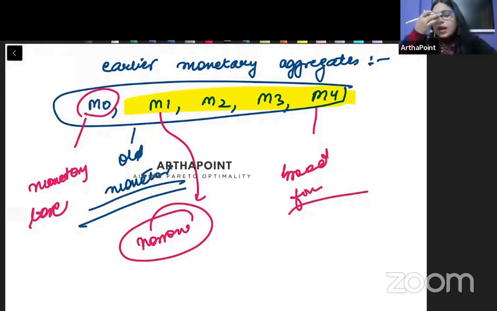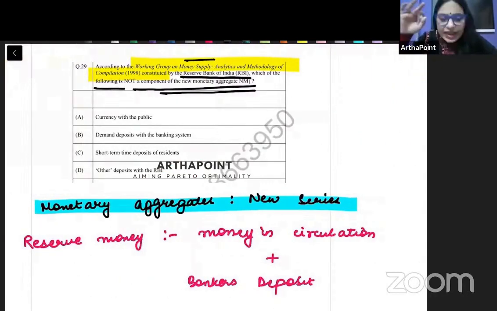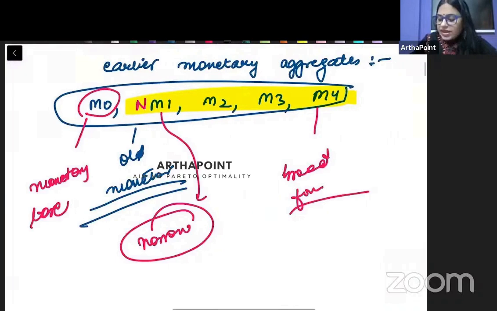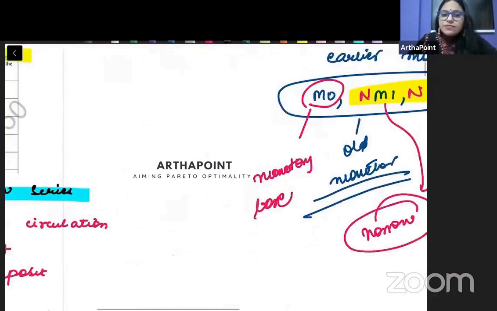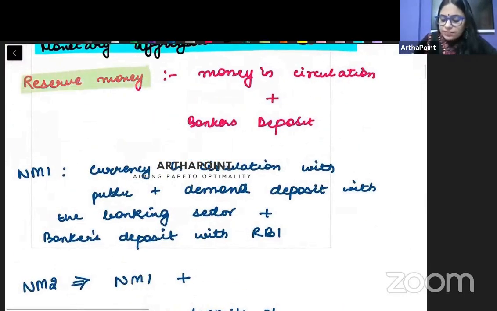Narrow, broad. अब क्या हुआ? In 1998 we had a working group, a working committee. And in this working committee, we formed new monetary aggregates. हमने नए monetary aggregates को formulate किया. These new monetary aggregates were called NM1, NM2, NM3. So this N itself stands for new. इसमें भी we had a similar concept: the concept of reserve money.